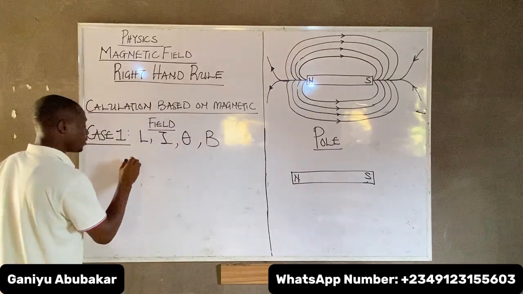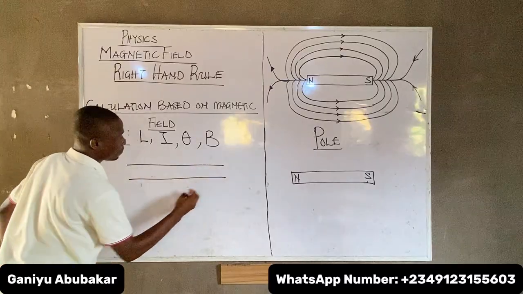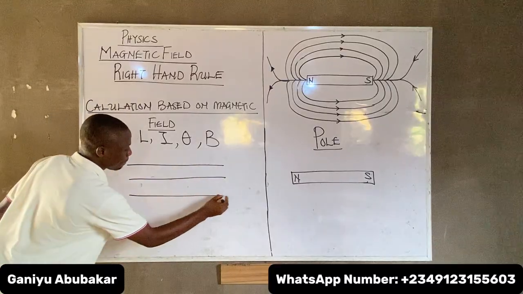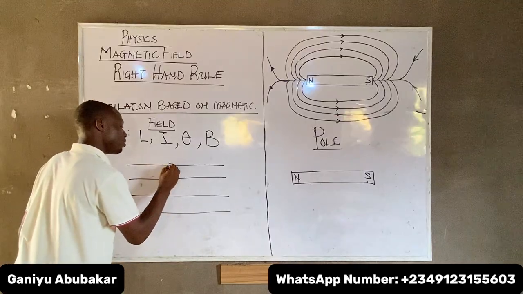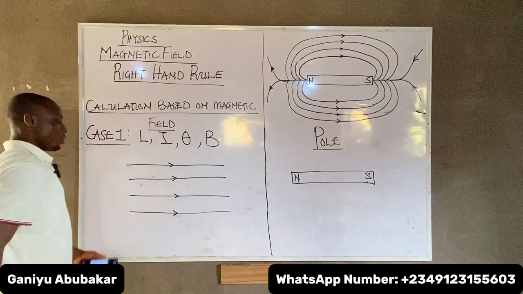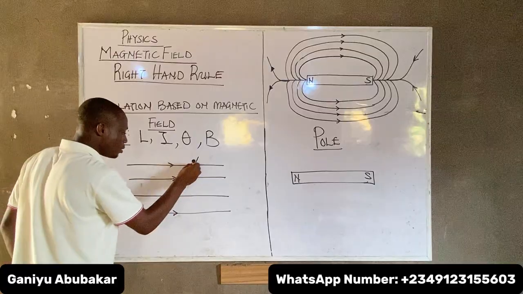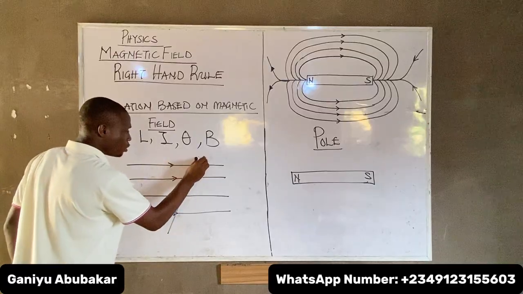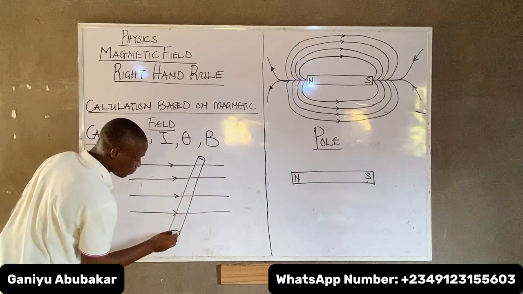So let's say my conductor is this. Let's assume this is my conductor that passes my current.